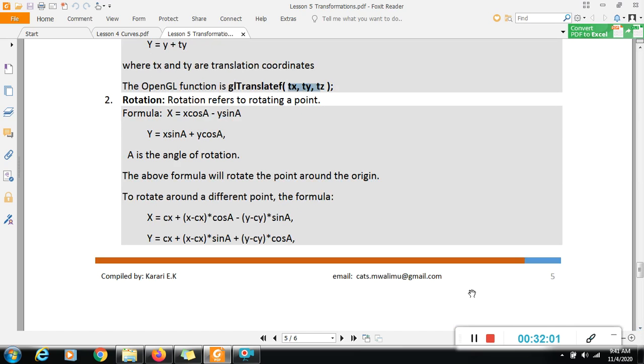That formula is used to rotate the point around the origin. If you want to rotate around a different point, the formula changes slightly into what you're seeing here. This is just an extrapolation of the first, where this x becomes cx plus x minus cx.